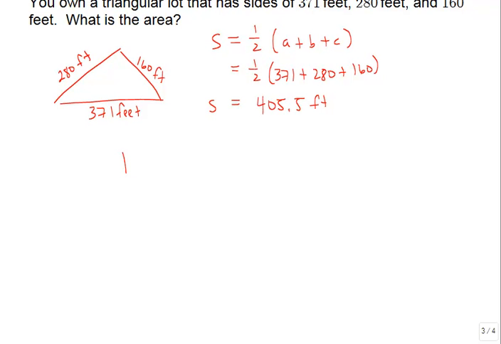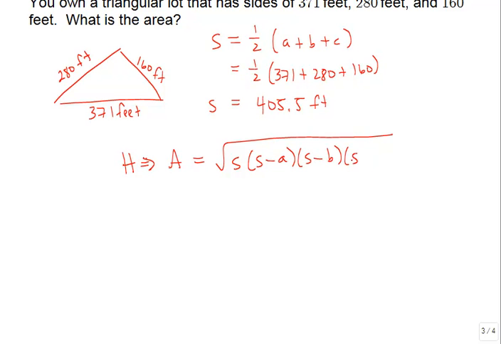Then Heron's formula says that the area of this triangle is this great big square root of the semi-perimeter S times the semi-perimeter minus the A side times the semi-perimeter minus the B side times the semi-perimeter minus the C side.